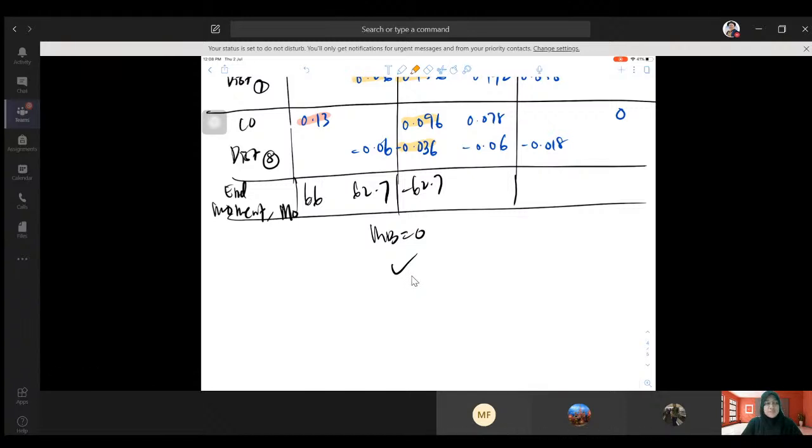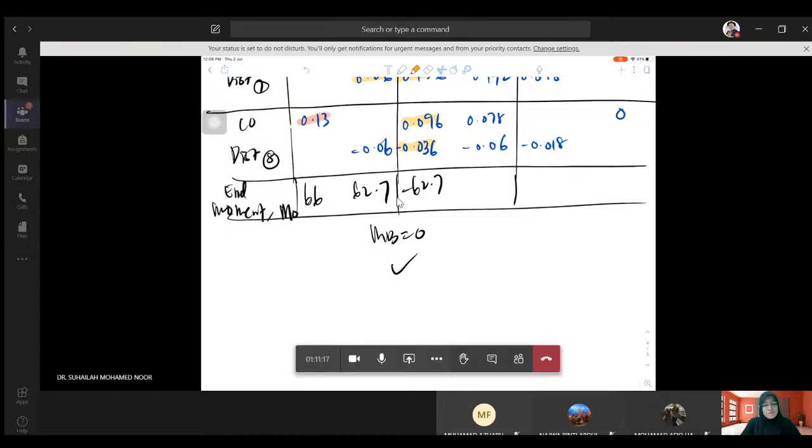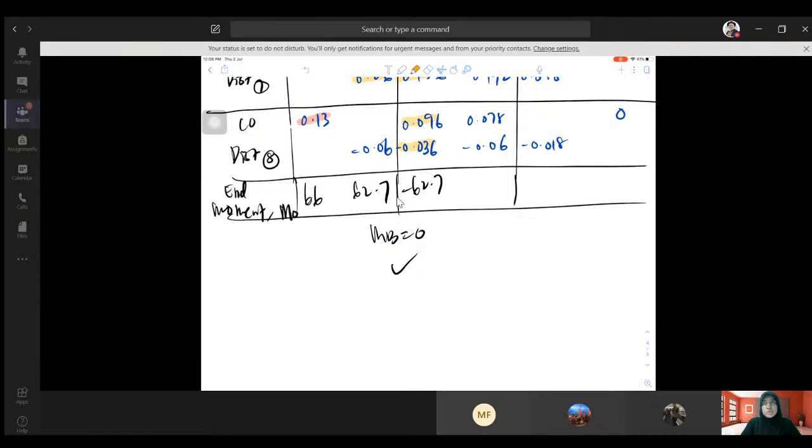Kita kena buat assumption, and then from the assumption that we made for one member, we will calculate the remaining FEM for other member. Okay, so yang paling complicated dekat frame analysis is part 3A. 2A and 3A. So FEM tu dua-dua dekat part situ.